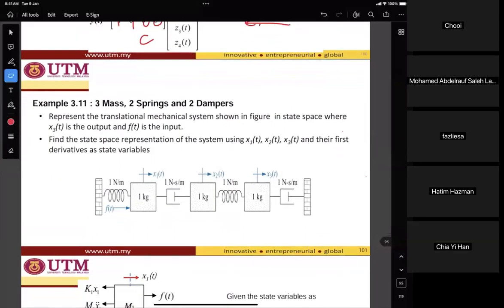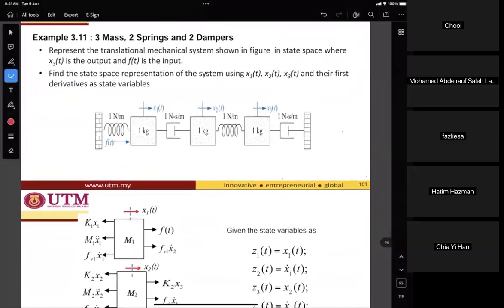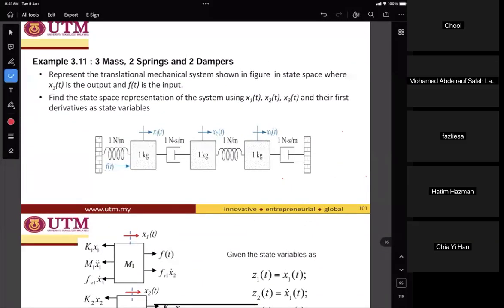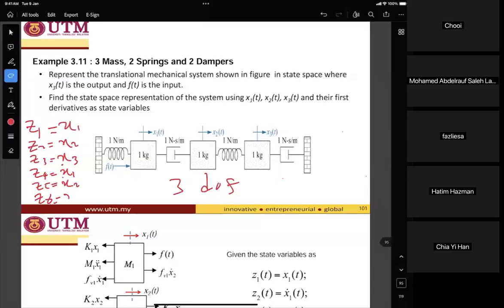Other examples are shown here, you can read by yourself. This one is a 3 degree of freedom system with X1, X2, and X3, where X3 is the displacement. So Z1, Z2, Z3 are the displacements, and Z4, Z5, Z6 are their derivatives: X1 dot, X2 dot, X3 dot.